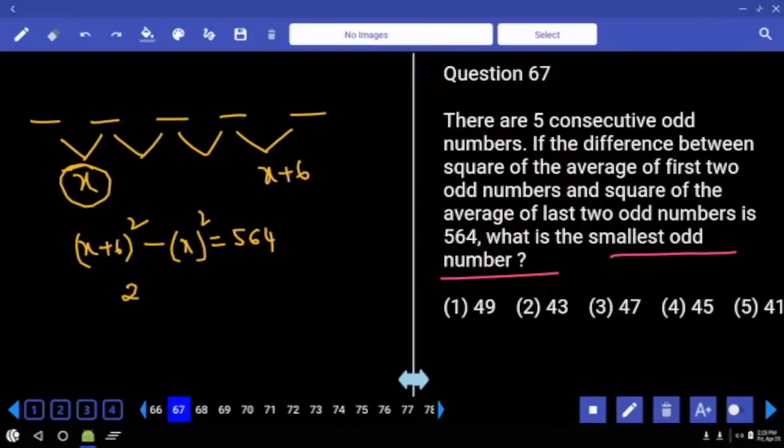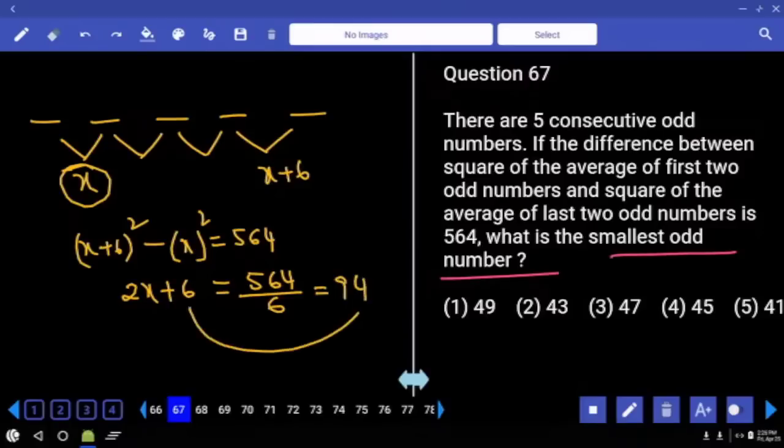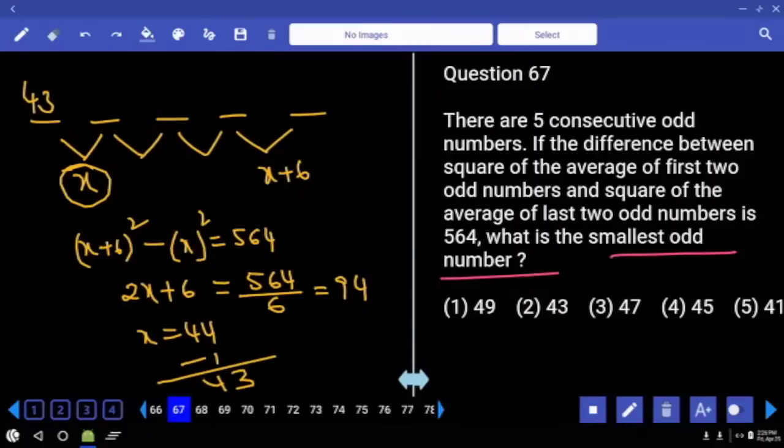So 2x plus 6 into 6. Let me take that value to the right hand side by dividing by 6. 564 divided by 6 is 94, 6 goes to the other side, 88. 2x is equal to 88. x is equal to 44. Minus 1, 43. So the least odd number is 43.